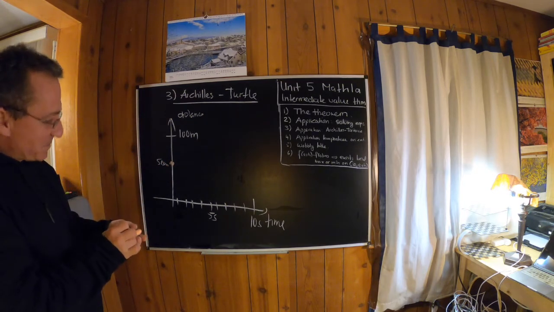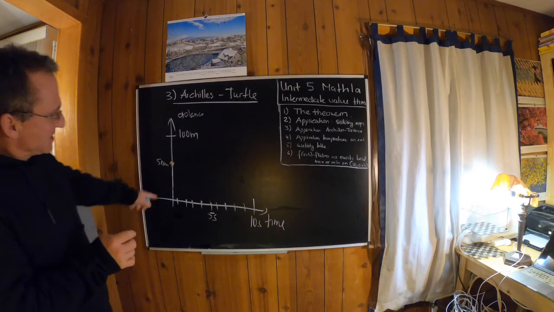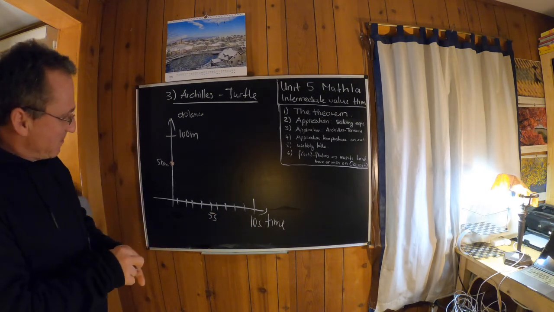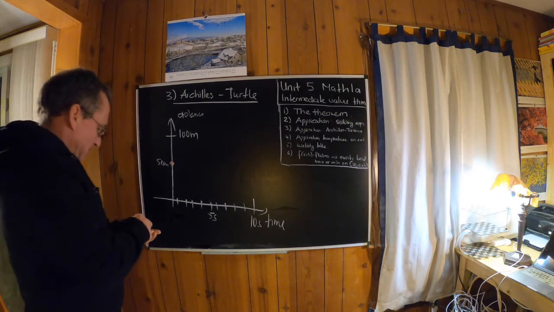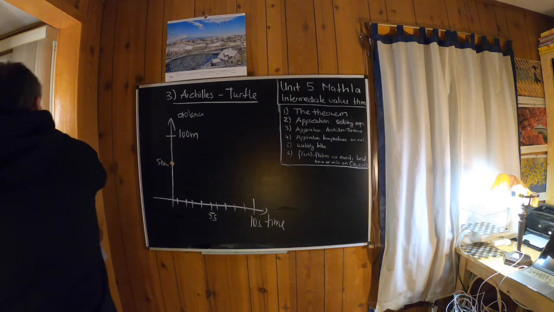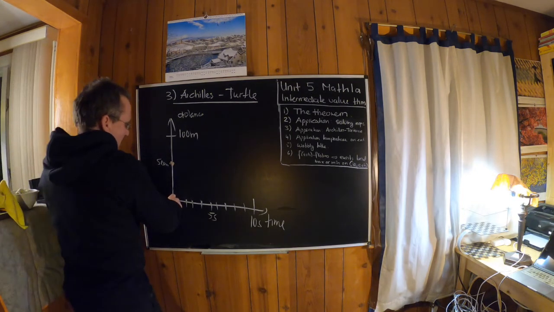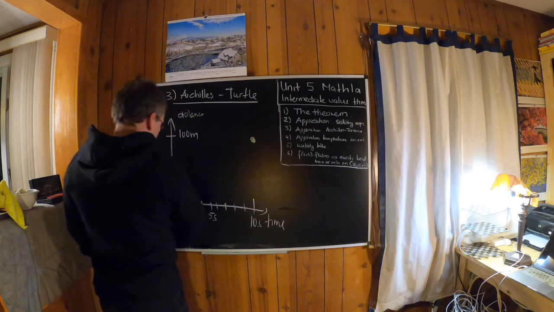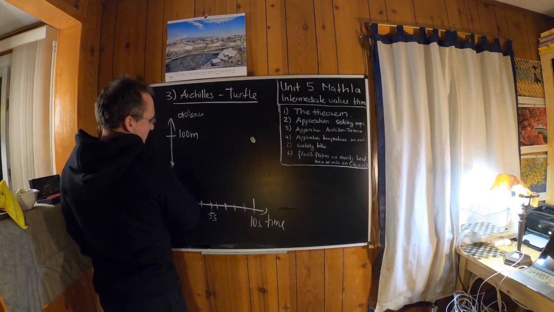And they both have a speed. So let's just assume Achilles runs with 10 meters per second, on average. So maybe Achilles arrives here, and somehow like that, maybe a little bit slower.